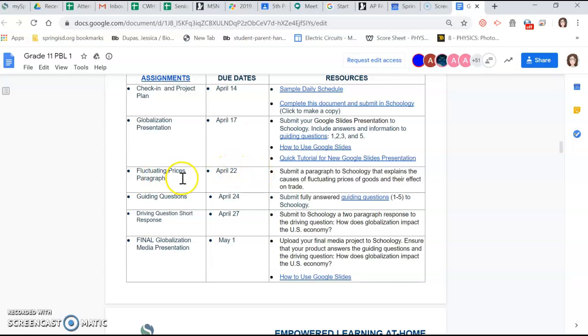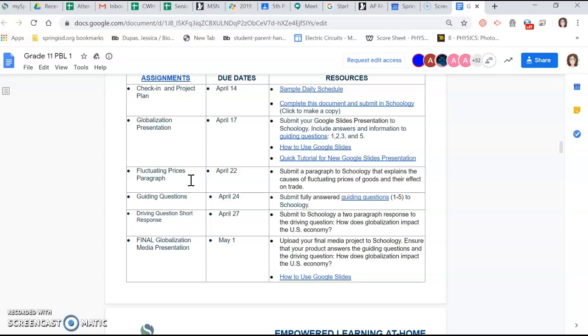So this week we're going to be looking at fluctuating prices and then also finishing up your guided questions. Those are the two things that you have to submit this week. We'll talk more in depth about the paragraph in a little bit, but for the second assignment, all you really have to do is answer question number 4.